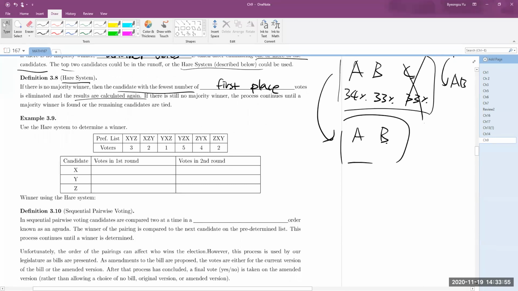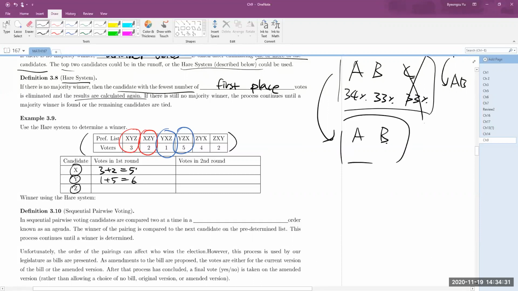So for example, in the given preference list in example 3.9, first of all, if you think about X, Y, Z in the majority winner system, then X got 3 and 2, which is 5 votes in the first round, because those two preference lists, X, Y, Z and X, Z, Y, think that X is the best one. And from the Y, X, Z and Y, Z, X lists, Y got 6 votes.